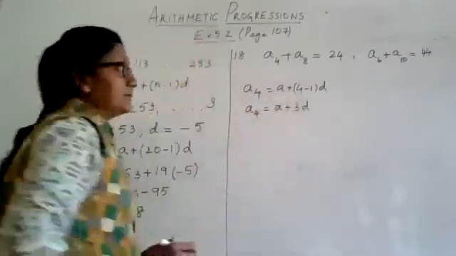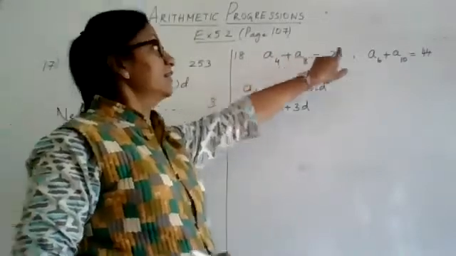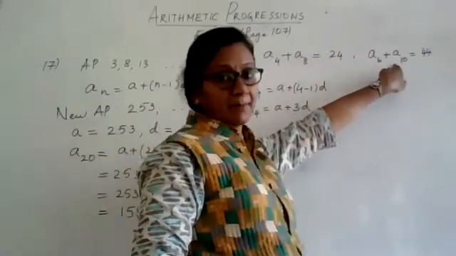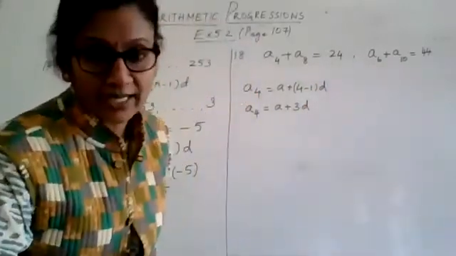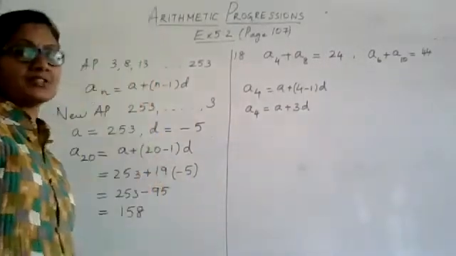Similarly, A8 is A plus 7D, A6 is A plus 5D, A10 is A plus 9D. So write all this, and you will get 2 equations in 2 variables.